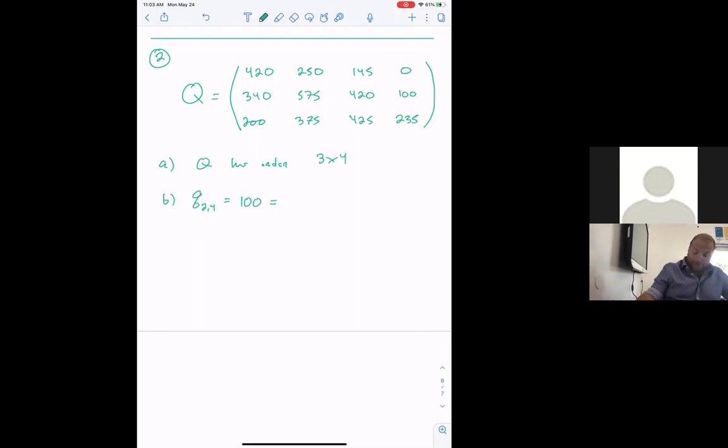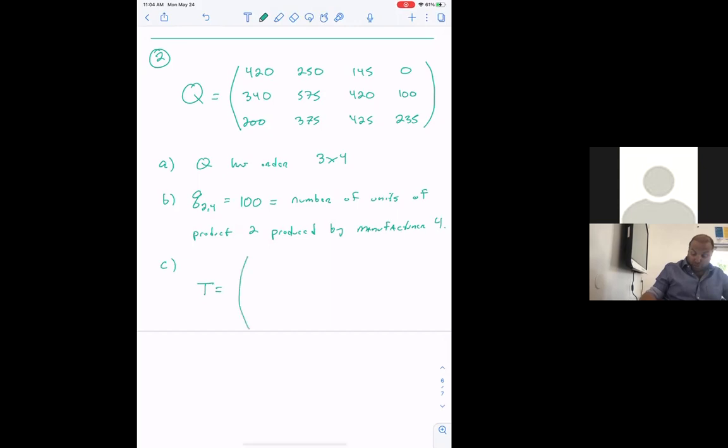So it's the number of units of product 2 produced by manufacturer 4. And C, find a 4 by 1 matrix capital T.